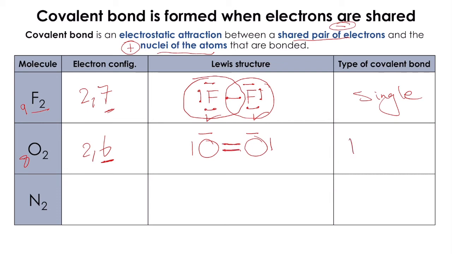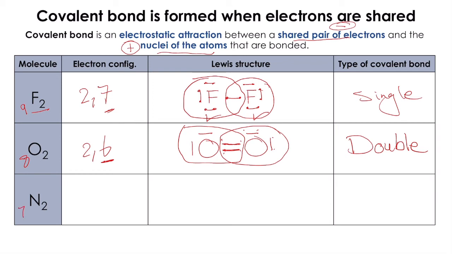Here we have a double bond that is formed between oxygen atoms. And now each oxygen has 8 electrons. How can I check that? You can make this circle and check: we have 1, 2, 3, 4, 5, 6, 7, 8 electrons, and same for this atom. Okay, I think now you get the idea.